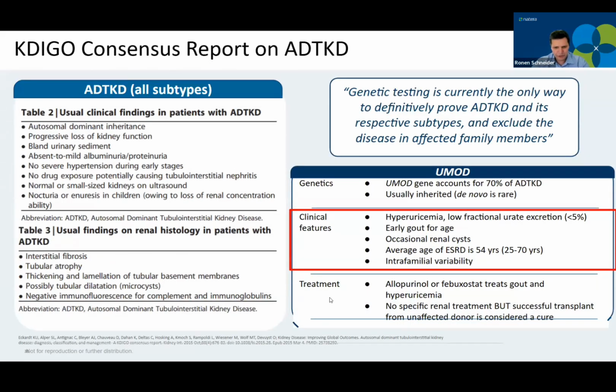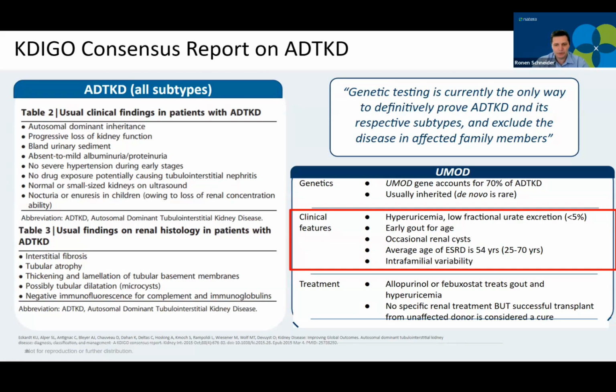This slide is from the KDIGO. I want you to please just focus on the red bracket in the table that points to the clinical features of UMOD-mediated AD-TKD. If you hold for a second and imagine the spectrum of patients that you all see in your nephrology clinics, you would realize, I believe, that many patients fit that spectrum of signs and symptoms.